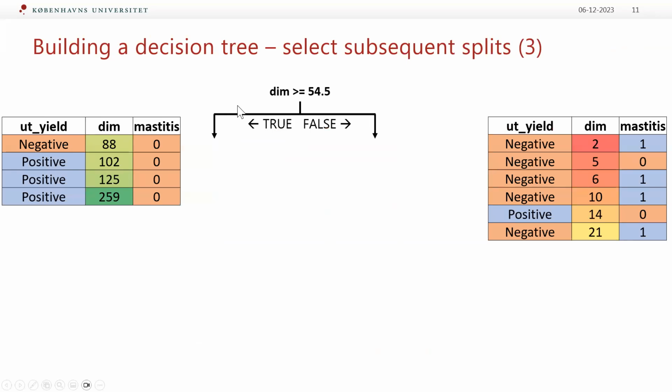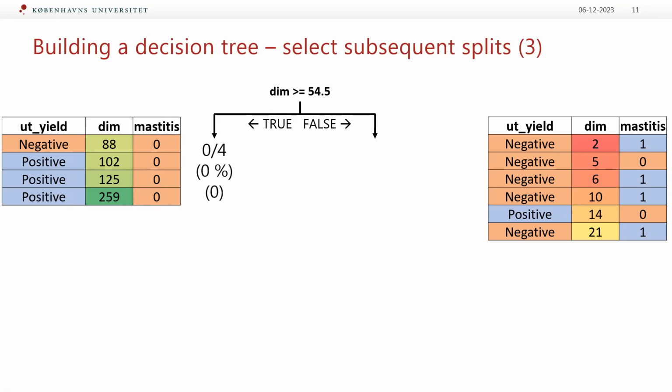Okay, so having selected this as our root node, that splits our data into 2 subsets. A subset where this is true and a subset where this is not true. And in the subset where this statement is true, we can see that we have 4 observations and all of them do not have mastitis.